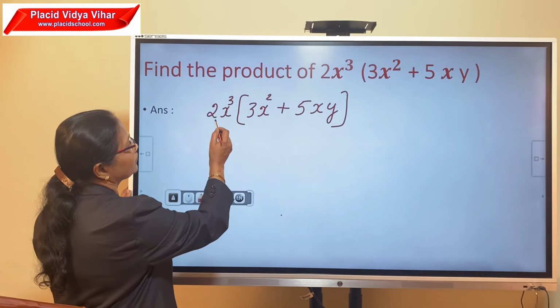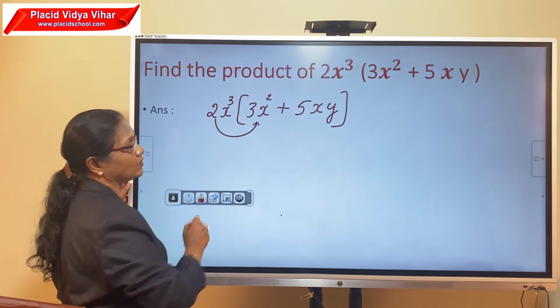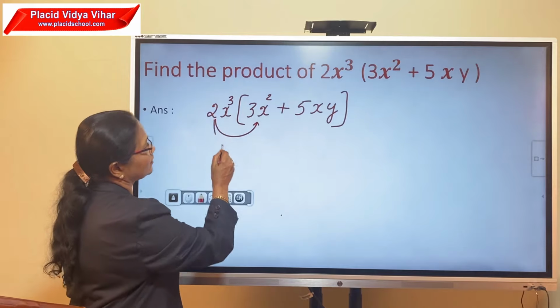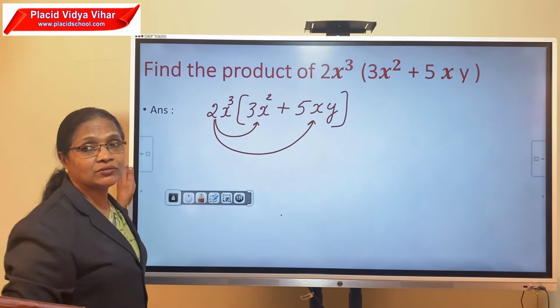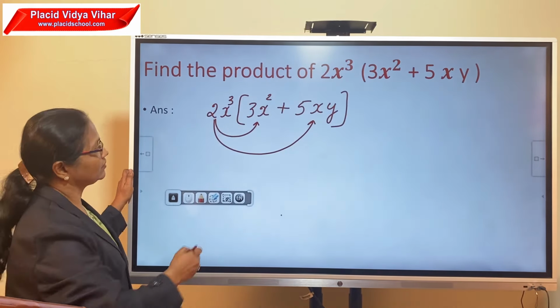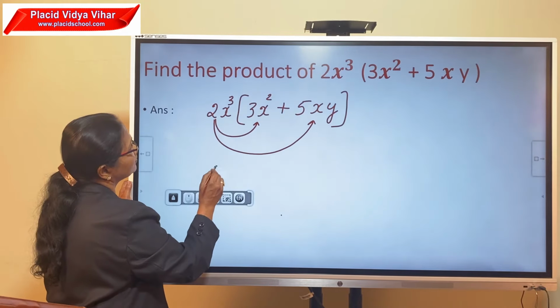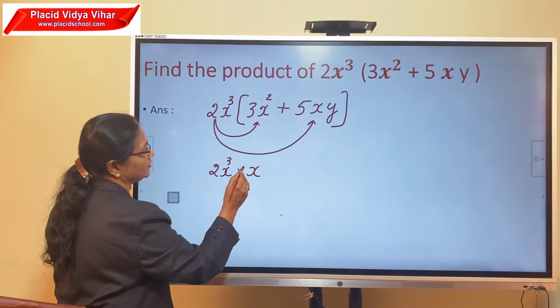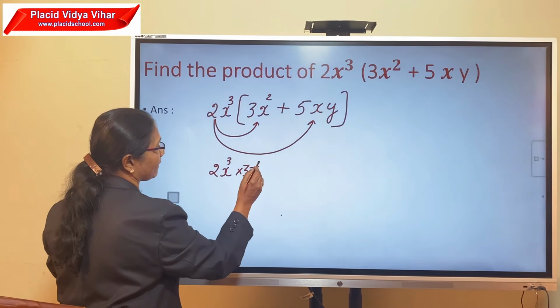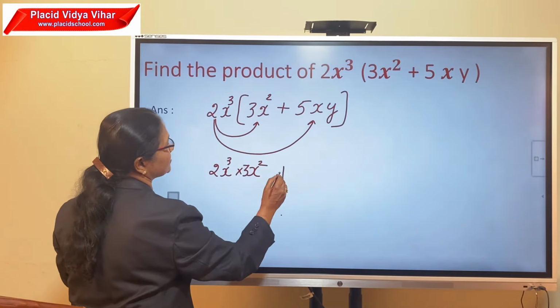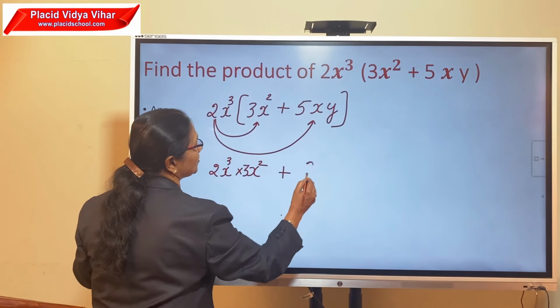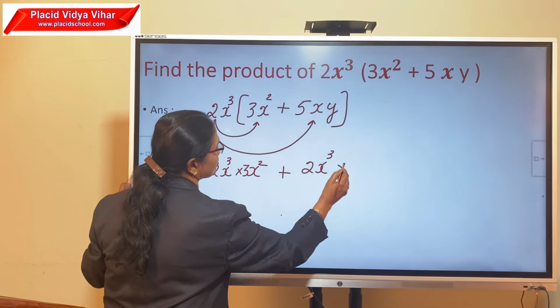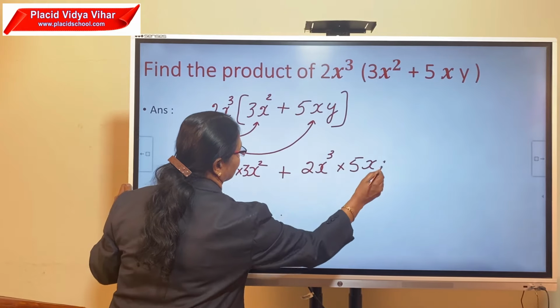Here, first of all, 2x cube into 3x square, then again 2x cube into positive 5xy. This is equal to 2x cube into 3x square plus 2x cube into 5xy.